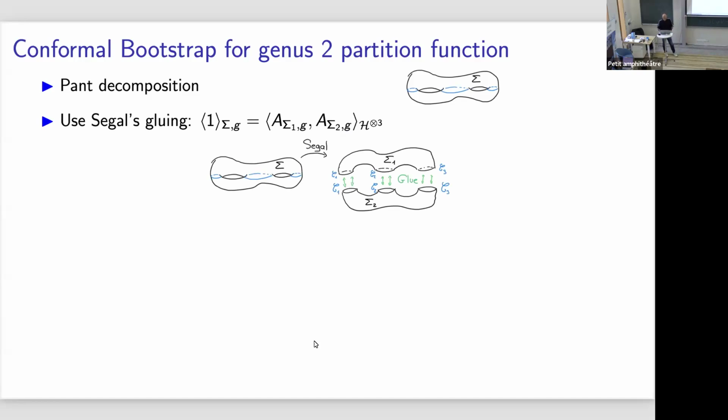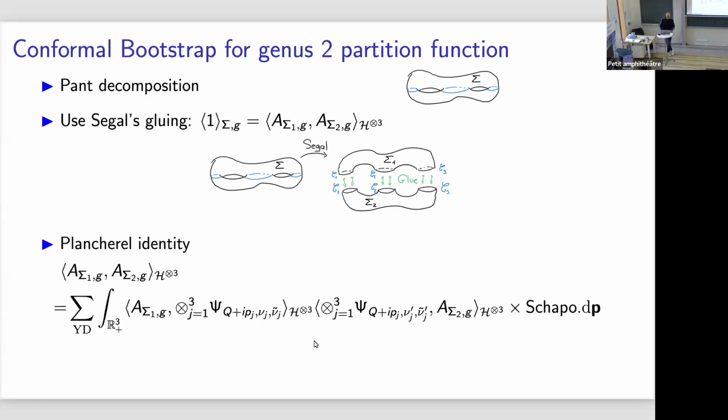If I insert the spectral decomposition at each gluing, I end up with this expression here. Here I sum over all the possible Young diagrams. Here I have all the Shapovalov matrices coming from the spectral decomposition resolution, and in between I have this matrix element of the pair of pants amplitude.